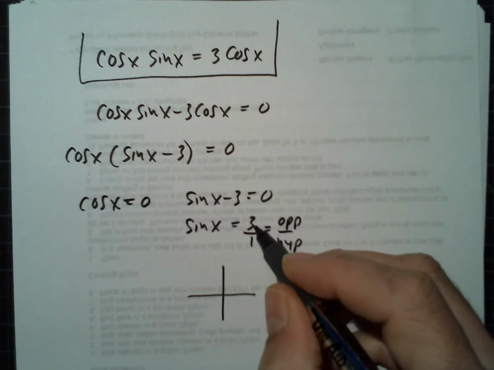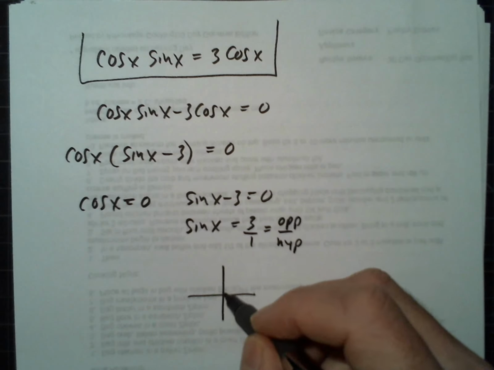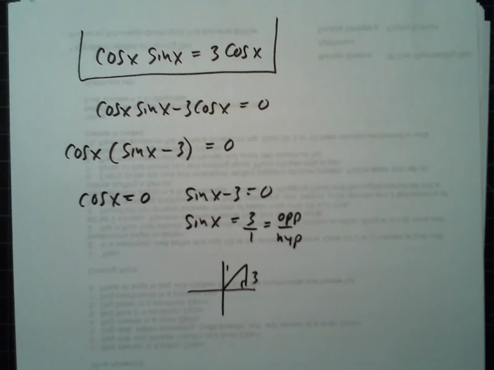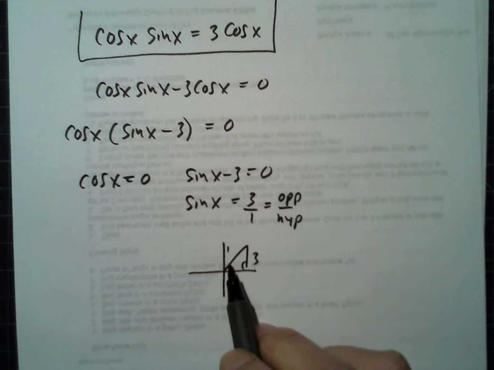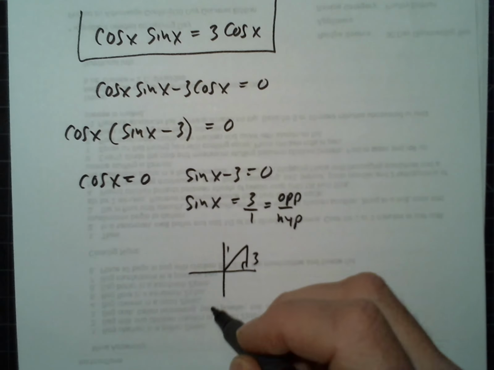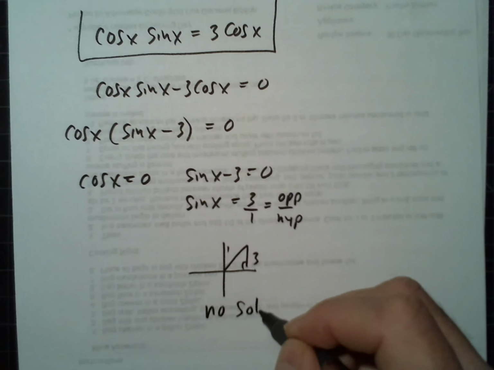We need an opposite of 3 and a hypotenuse of 1. But that can't happen because the hypotenuse has to be larger. So this gives us no solution.